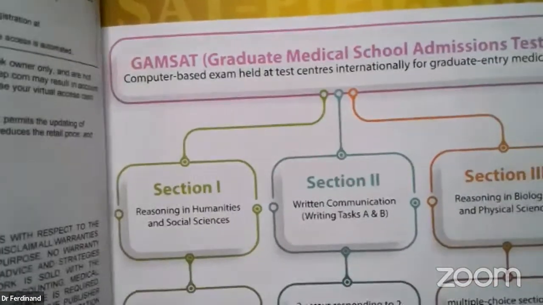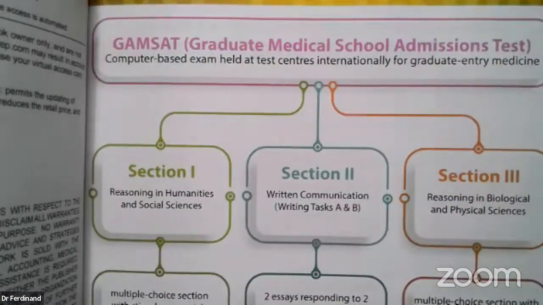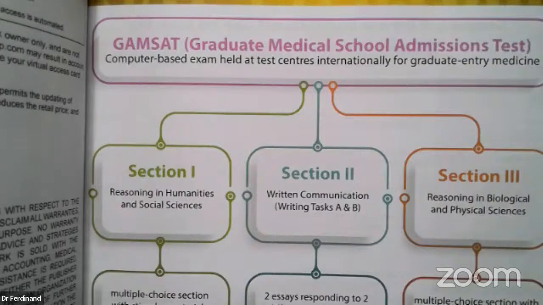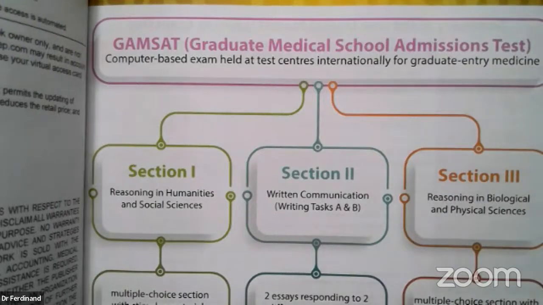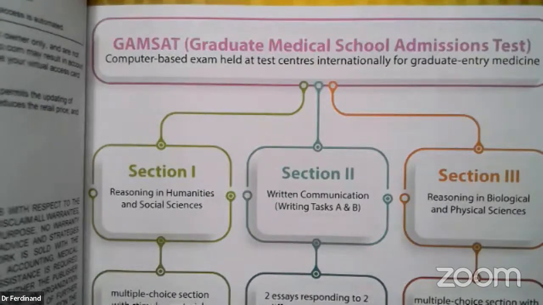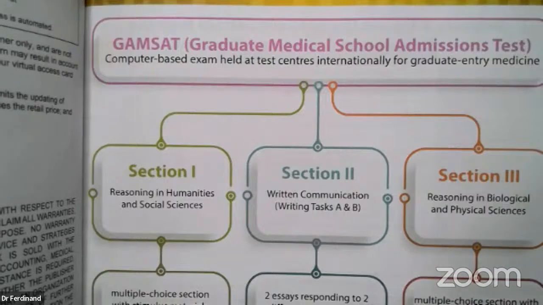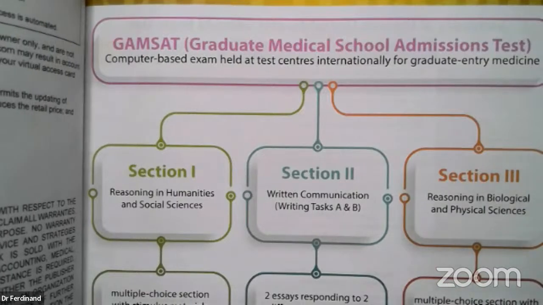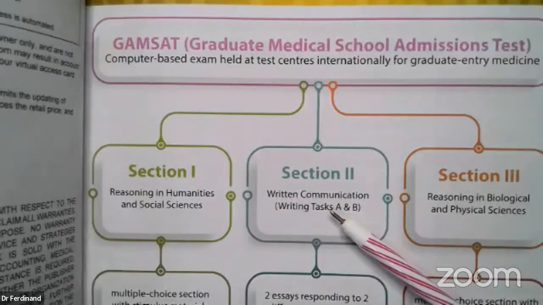And of course, the conventional way to talk about GAMSAT is in terms of the three sections of the exam. The humanities section, formerly known as section 1, the written communication, formerly known as section 2. And I say formerly known because in 2024, for the first time ever, section 2 was section 1.